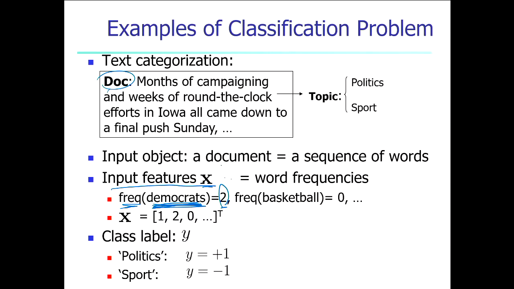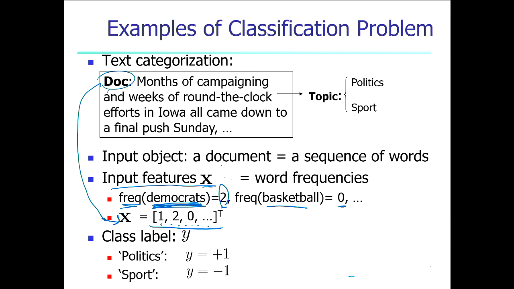I can ask, what's the frequency for basketball? It doesn't appear in the document, so it's 0. If you go through all of the vocabulary, this document is successfully converted into a potentially very high dimensional vector. The dimensionality will equal the number of words in the vocabulary, and each number is how many times the word occurs.